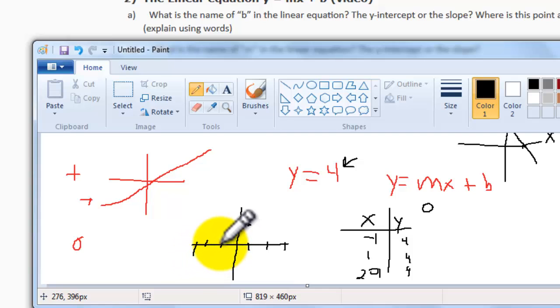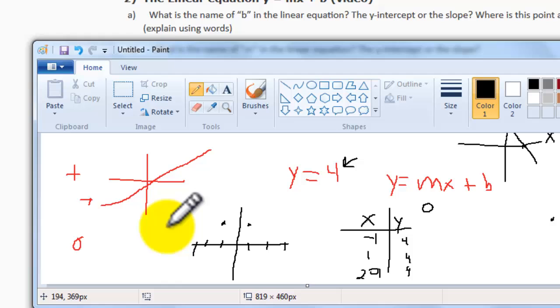For any distance I go on the x-line, let's do -1, I'm going to go -1 on the x. I have to go up to 4. And there's another point. If I were to go all the way out to 201, flying out here, I would still have to go up 1, 2, 3, 4, and I'd get a point way out here, but it's still at y equals 4.